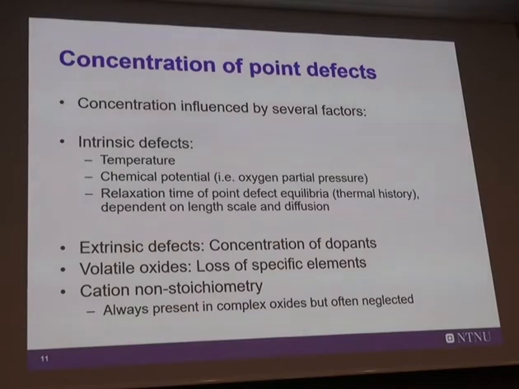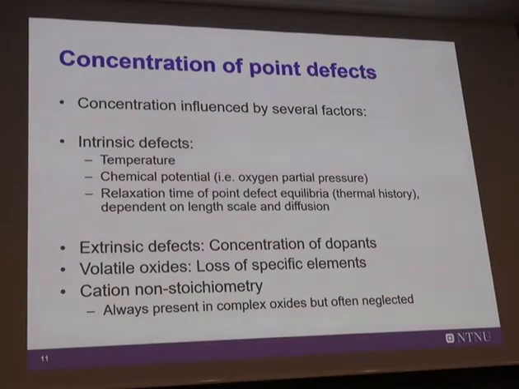Entropy is the reason why they are created. They are enthalpically not stable, because you have to pay a price in order to make the defects, and that's the energy. So you need entropy in order to create them, and it's the entropy which is the driving force for creation of point defects. And that you can, of course, tune by temperature. The higher up in temperature you go, the more intrinsic defects you will have.